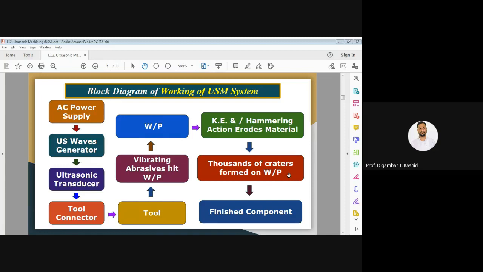A large number of abrasive particles with their high kinetic energy or high velocity collide with your workpiece's top surface, and as a result hammering action takes place and they erode the material from your workpiece, creating thousands of very fine craters. After the removal of the craters, you get your finished component. That means you get the cavity on your workpiece. So these are the components.